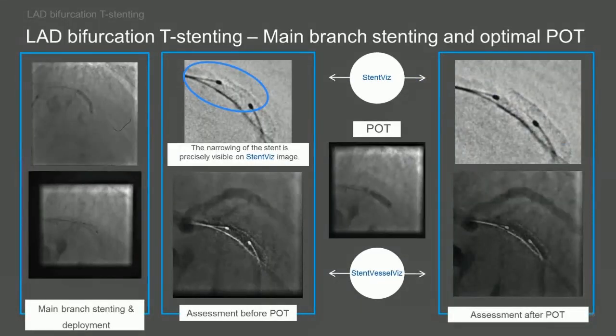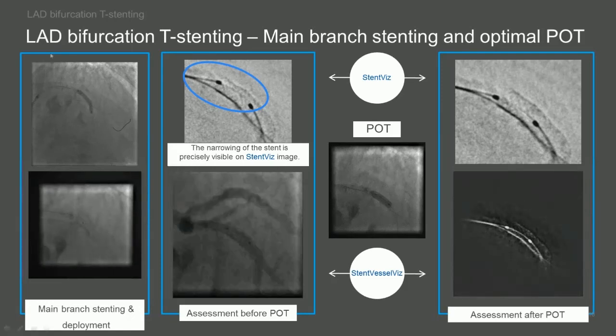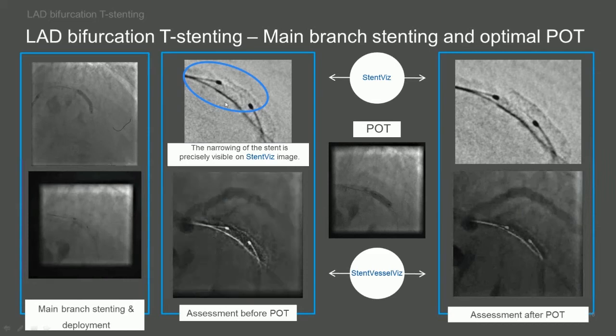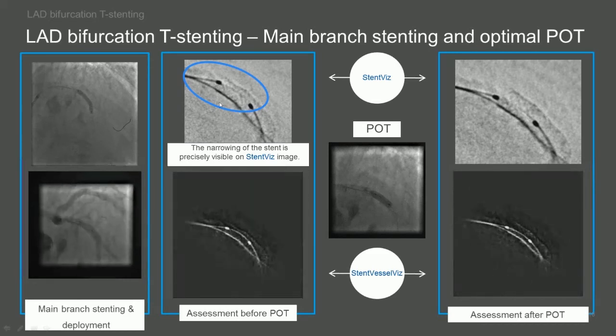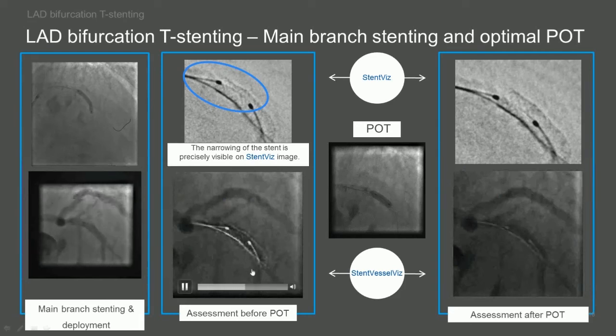So we put here, after predilatation, the stent on the main branch, which was the LAD. And here you can clearly see with the StentVision that the stent was not well open on the proximal part, so the POT was very important, especially in this case.